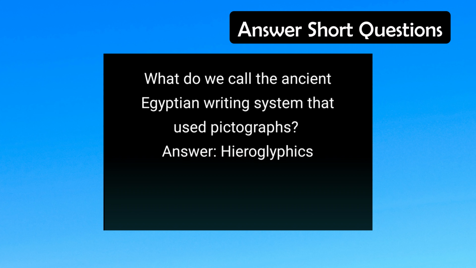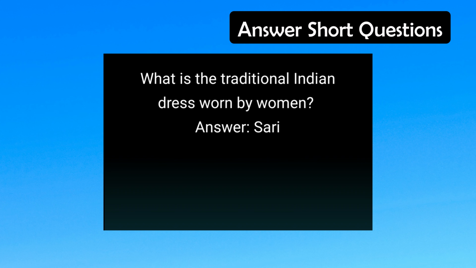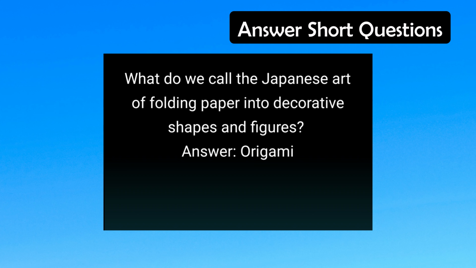What do we call the ancient Egyptian writing system that used pictographs? Answer: hieroglyphics. What is the traditional Indian dress worn by women? Answer: sari. What do we call the Japanese art of folding paper into decorative shapes and figures?